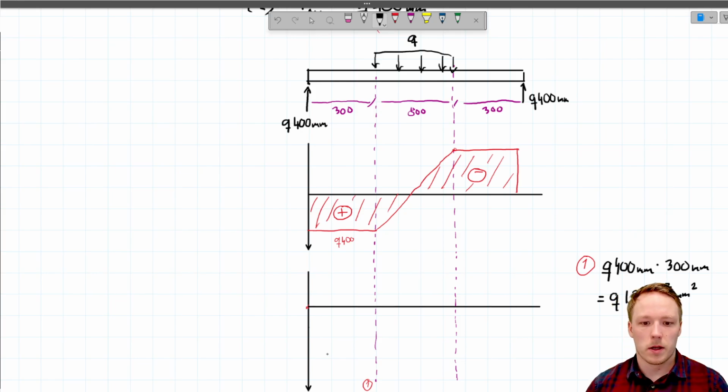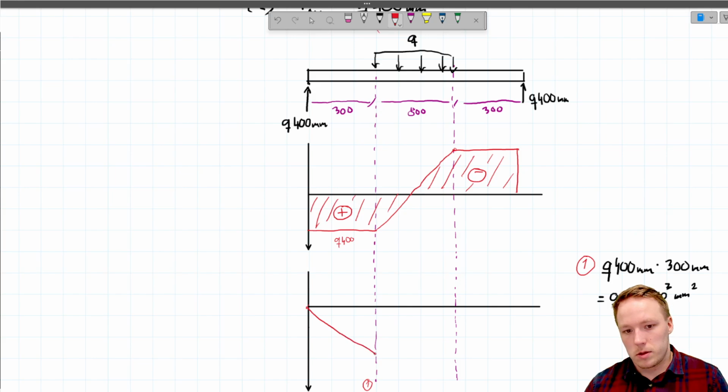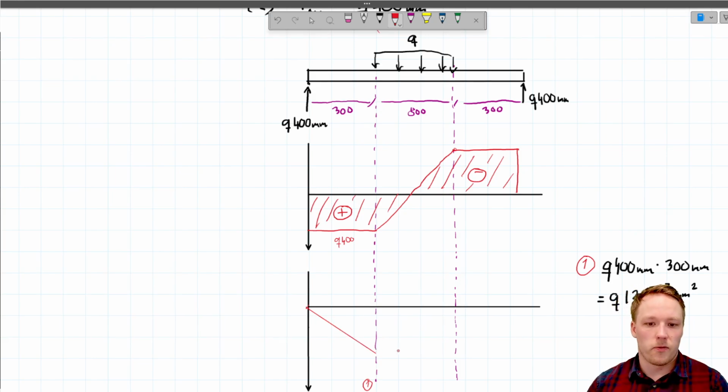So we start from 0 and go linearly to the value Q times 120 power to 3.